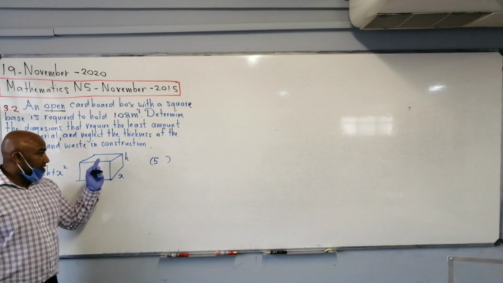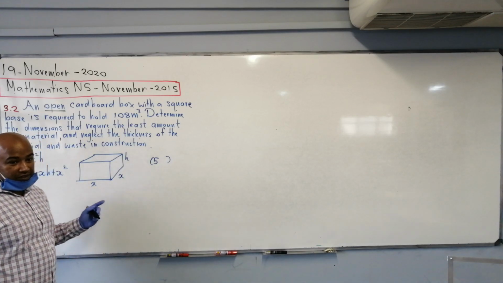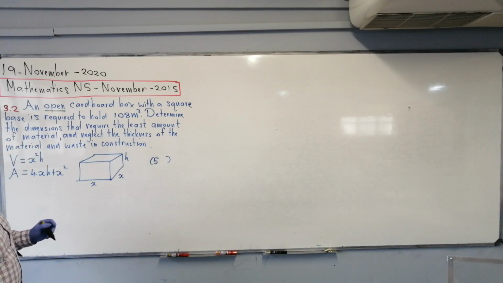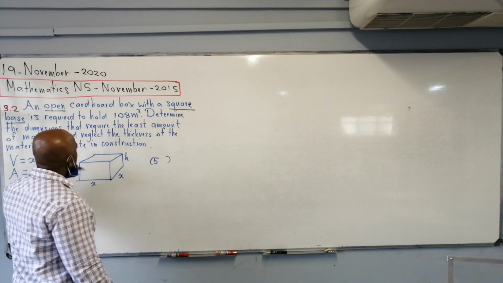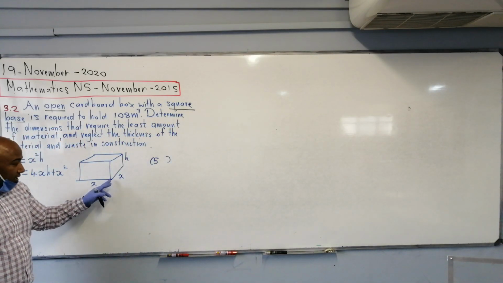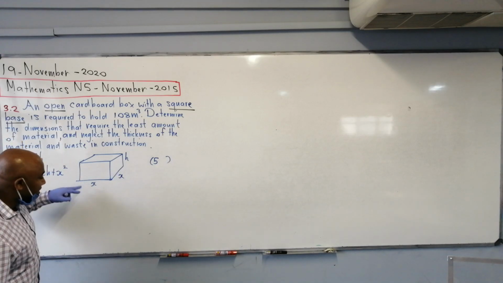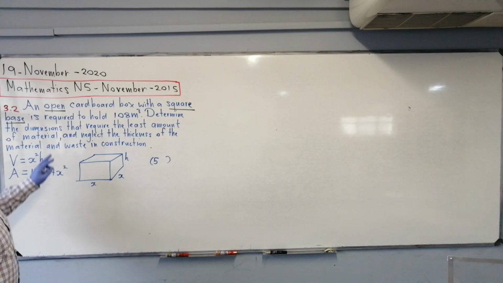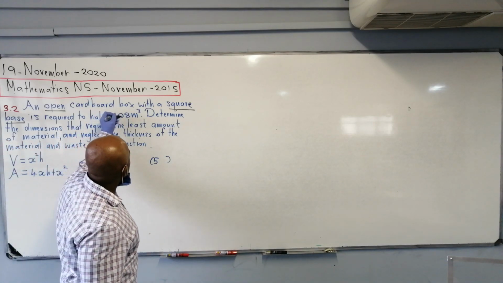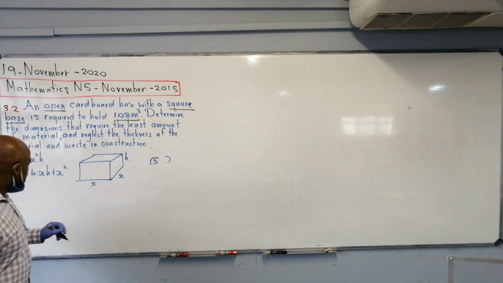So, just the box I showed you now, it's an open box with a square base. Another bit of critical information: it's a square base, where you can see the base, the bottom, that means all sides are equal in the base.